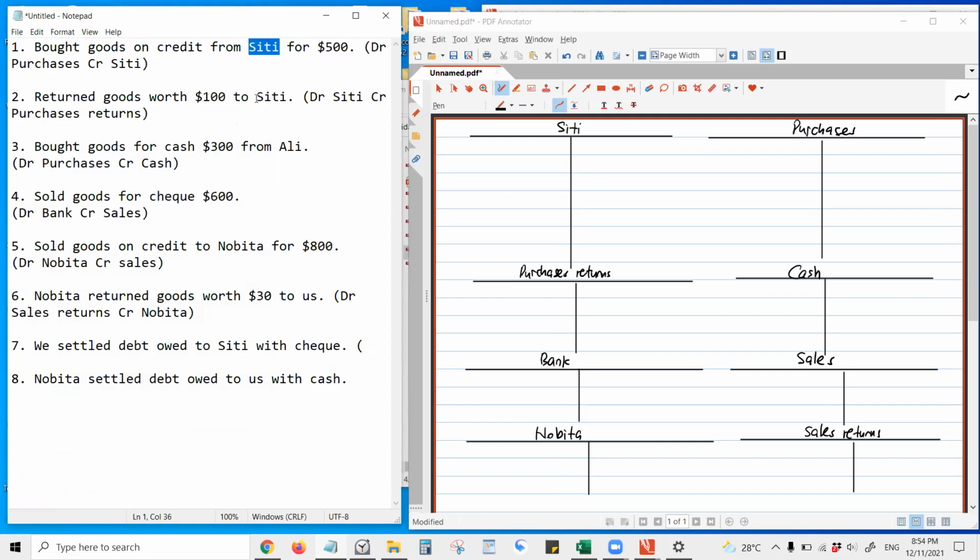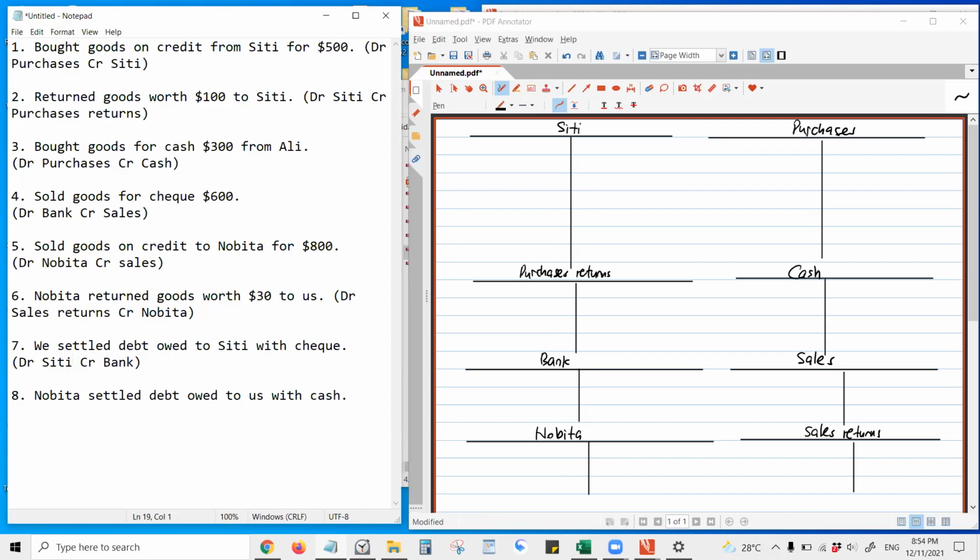Citi is here. Citi is also here. And how much do you still owe to Citi? 500. And then minus 100. You still owe Citi 400. So make sure you use 400 here. So you pay to Citi, right, with check. So credit bank. What to debit? Debit Citi.